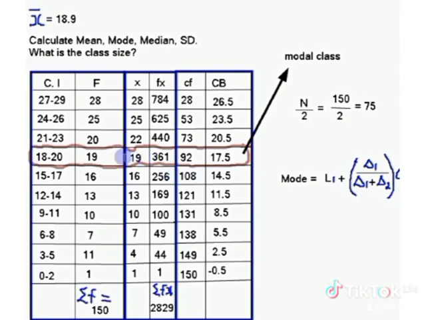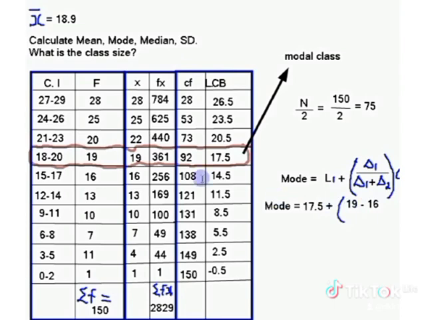So L1, remember, is the lower class boundary of the modal class, and that is 17.5. Then delta 1 means the difference between the frequency of the modal class and the premodal class. The frequency of the modal class is 19 and the premodal class frequency is 16.